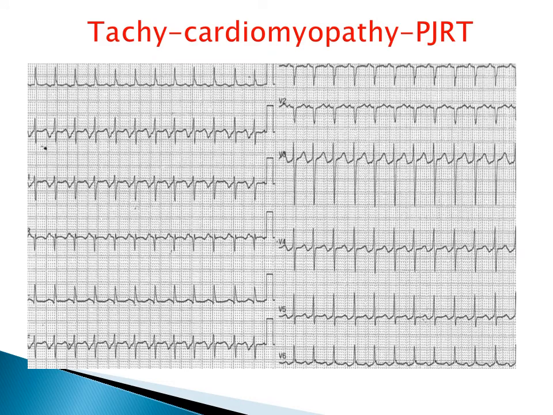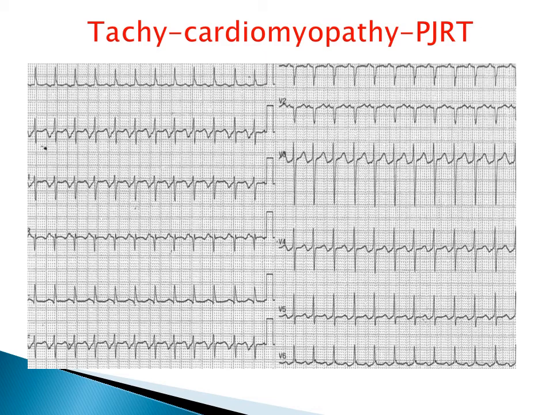So if a patient presented with manifestation of left ventricular dysfunction or heart failure, so presented with shortness of breath, and his ECG showed persistent tachycardia, which may be orthodromic reentrant tachycardia or persistent atrial tachycardia, then usually these cases are diagnosed as tachy-cardiomyopathy.